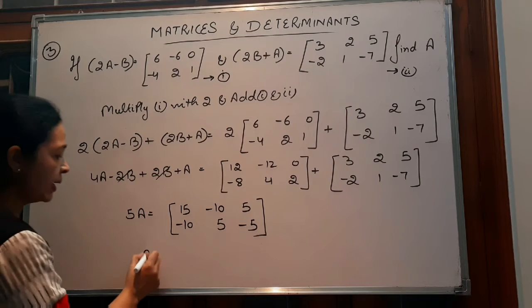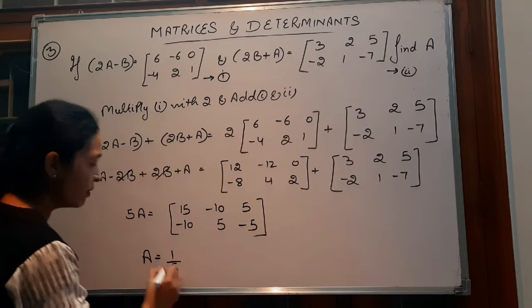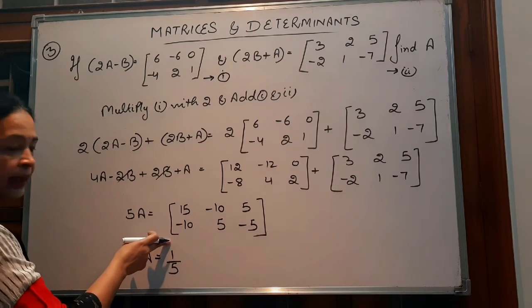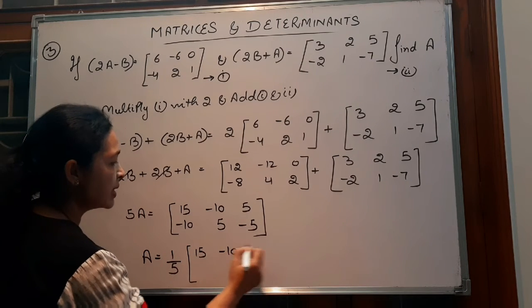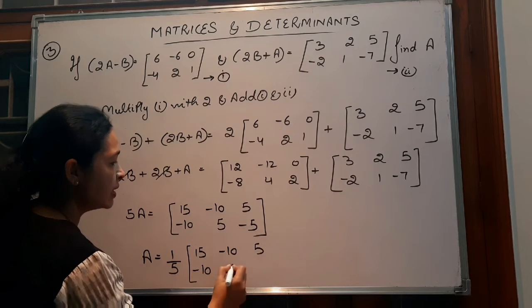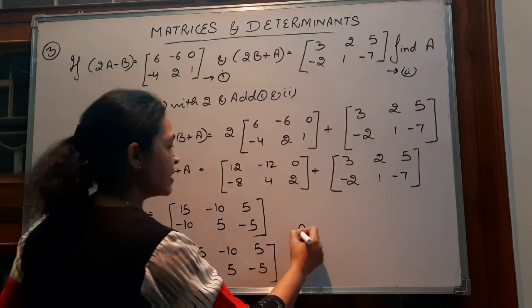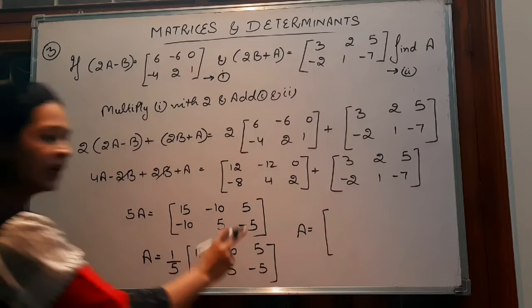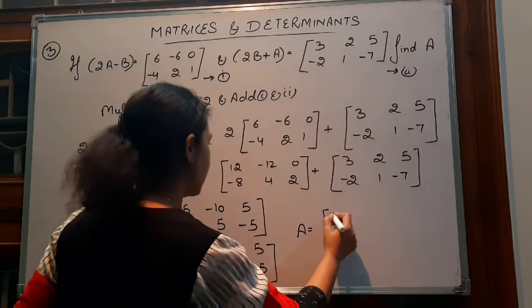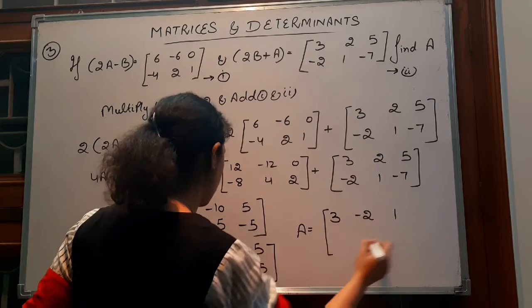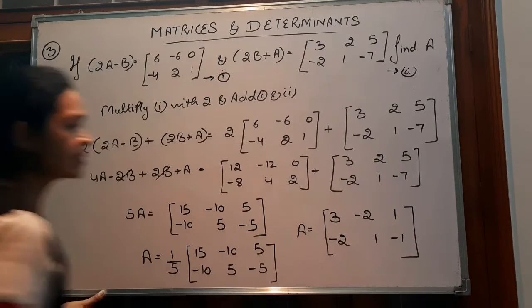Now, we need A. Matrix A will be equal to 1 upon 5, this 5 will come on the right hand side, 1 by 5 times 15, minus 10, 5, minus 10, 5, minus 5. So, our matrix A will be, we will multiply every element with 1 by 5: 3, minus 2, 1, minus 2, 1, minus 1. This is our matrix A.